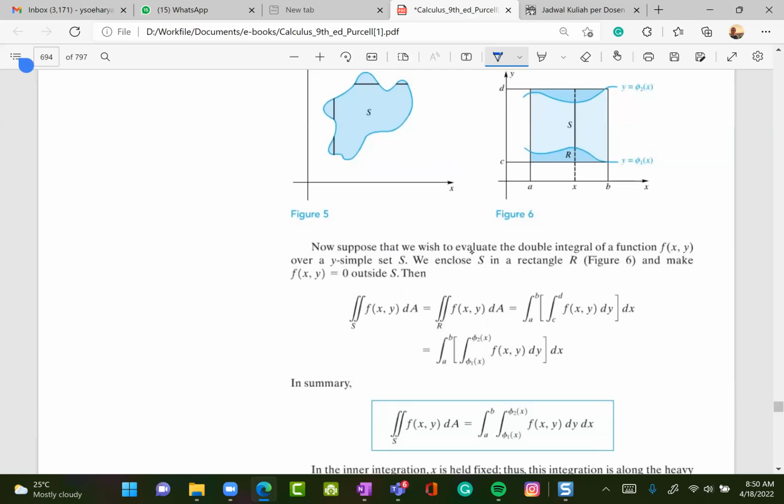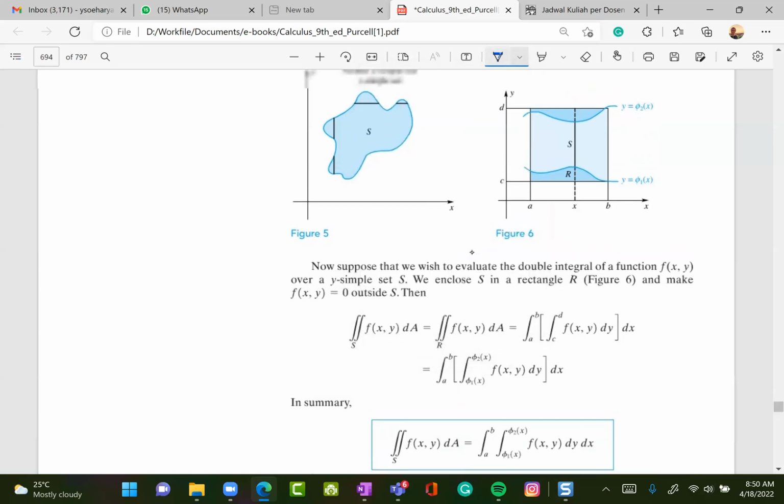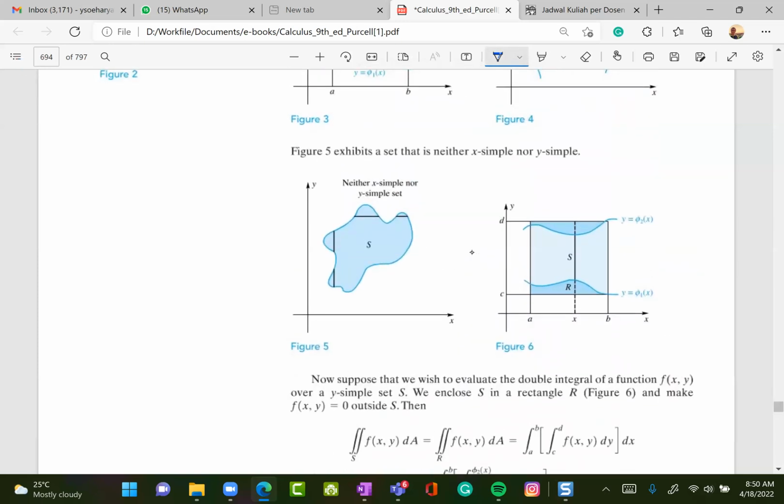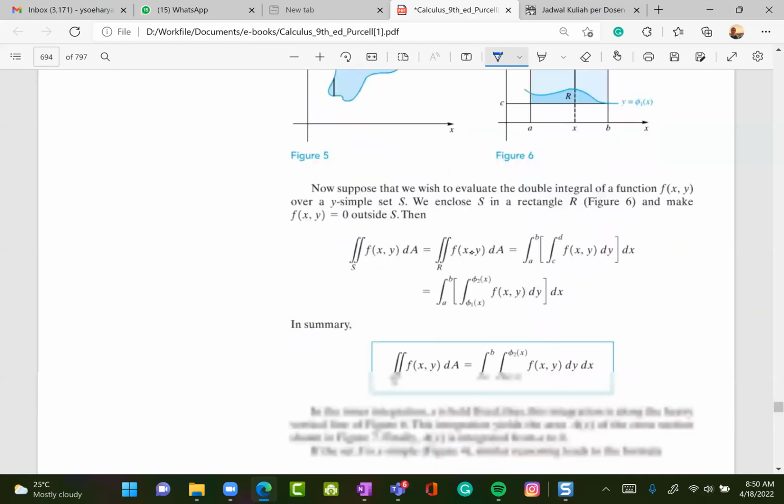Suppose this is y simple. Let me just point out and do a computation later.